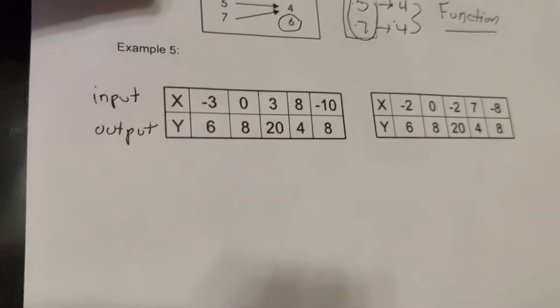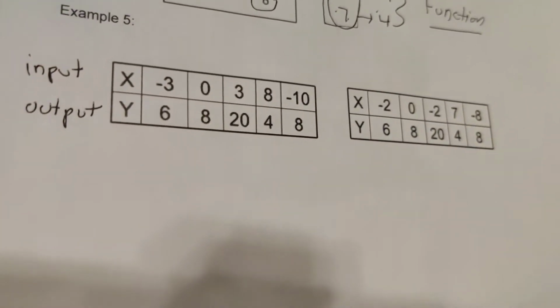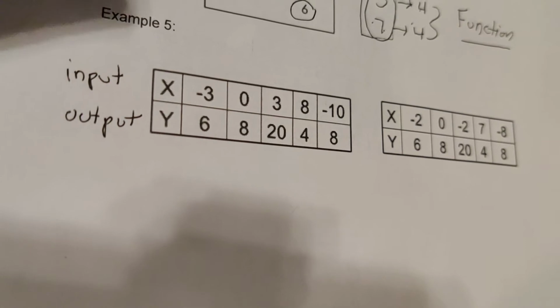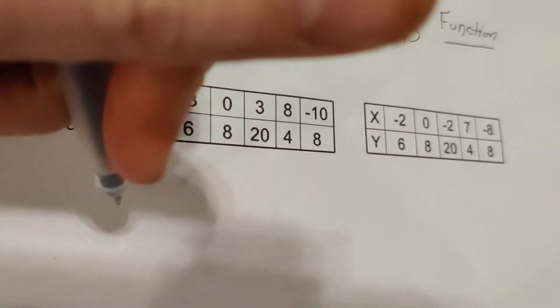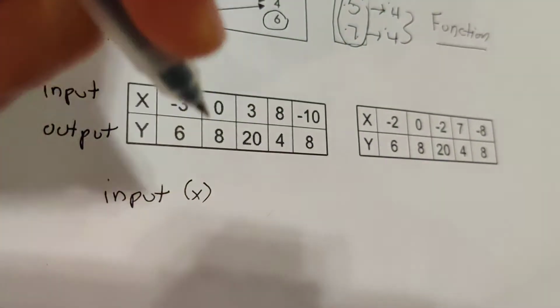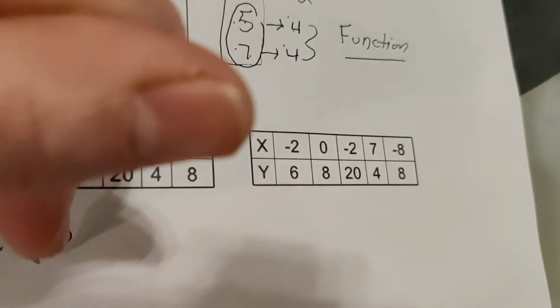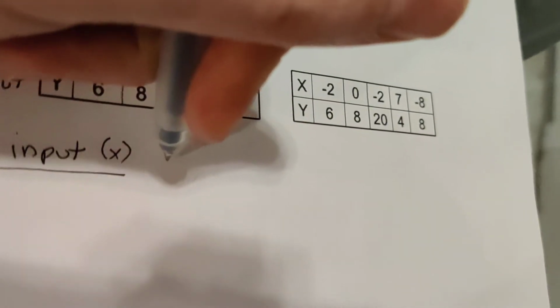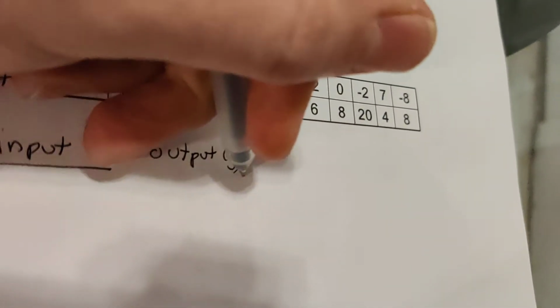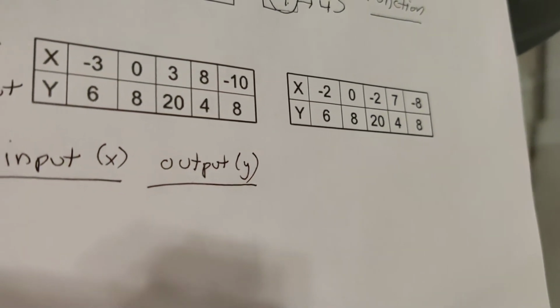Okay, so we're going to make our own mapping diagram, and then it'll be easy from there, just like we have done with the previous examples. Okay, so I'm going to make this mapping diagram. I'm going to go like this: input X, all right, output Y.